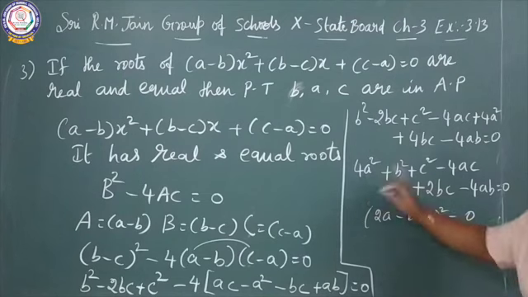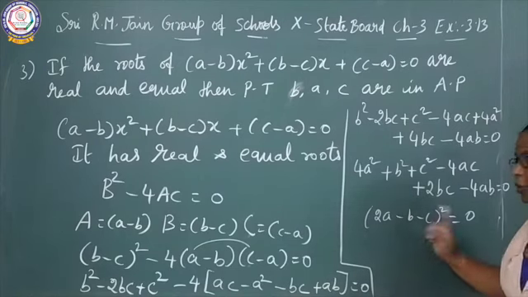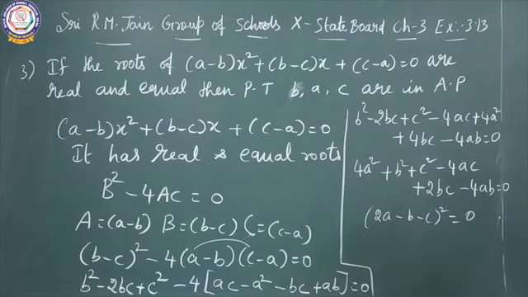See, 4a square plus b square plus c square, 2a into minus b, that is minus 2ab into 2, minus 4ab, minus into minus plus 2bc, minus 4ac.